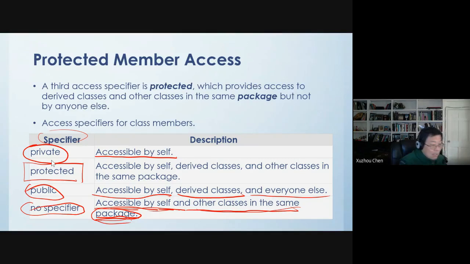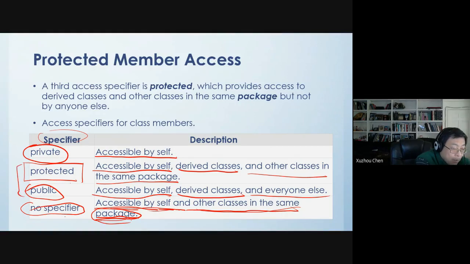Now, protected has some kind of limited access. Okay, so the protected is accessible by self, derived class, and the other classes in the same package. See the difference here between public and protected. Accessible by self, that's true. Derived class, that's true.